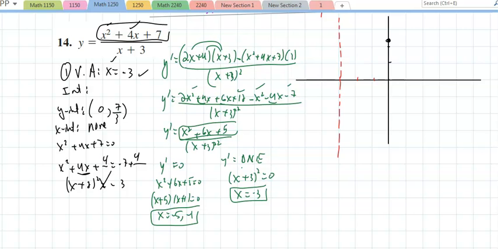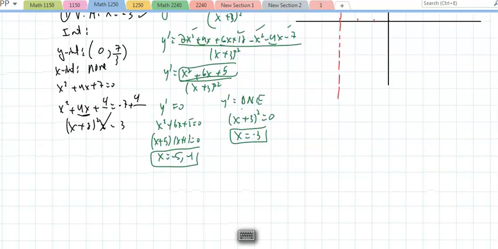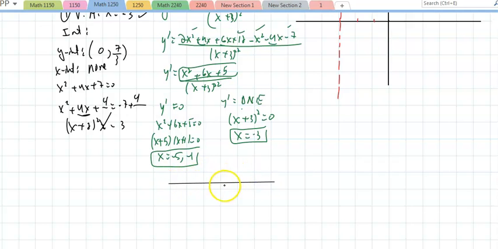So my test points, I have to test around a -1, a -3, and a -5. If I take -6 as a test point, the denominator is always positive. But if I put a -6 right there, that's a negative times a negative, that's a positive.